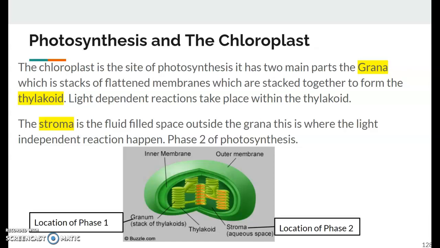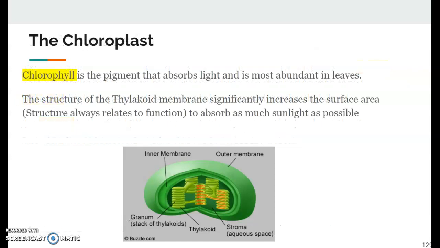The stroma is the fluid-filled space outside the grana, and this is where the light-independent reactions happen, all right, or phase two of photosynthesis. The chlorophyll is the actual pigment that absorbs light and is most abundant in leaves. So roots are not going to look very green because they don't have any chlorophyll, because they're not absorbing light.